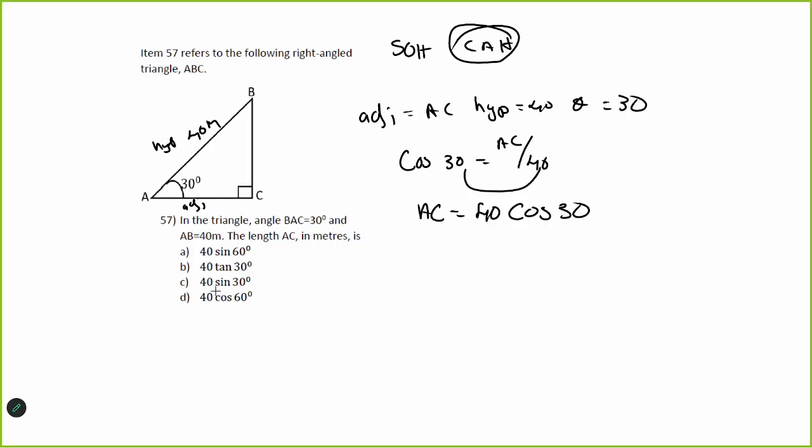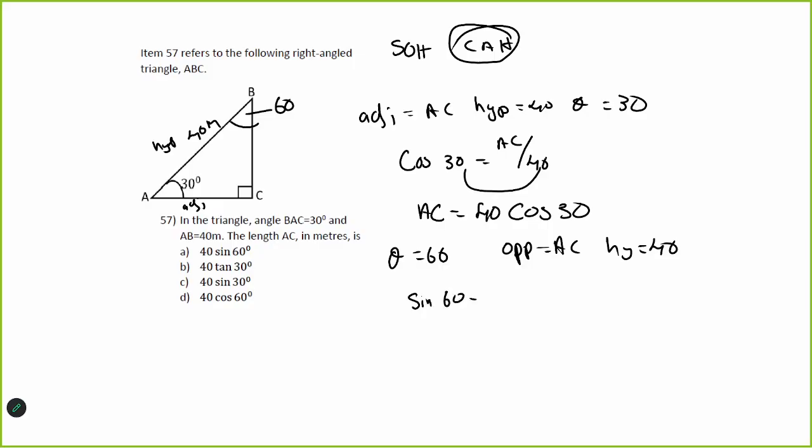Do we have that? We do not. So therefore, we have to use this angle here, which would have been 180 minus 90 plus 30, which I believe would be 60. Because this is 60, now theta is equal to 60. AC becomes your opposite, and your hypotenuse is 40. So we'll be using sine.